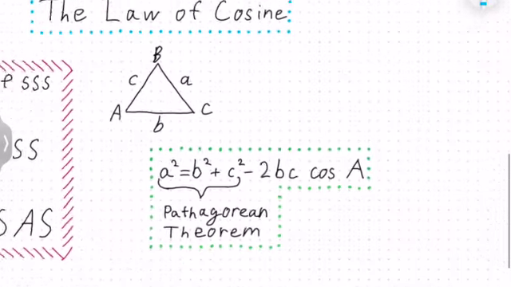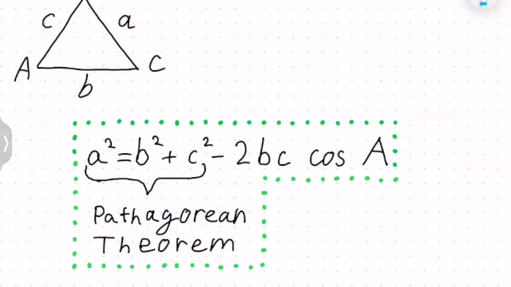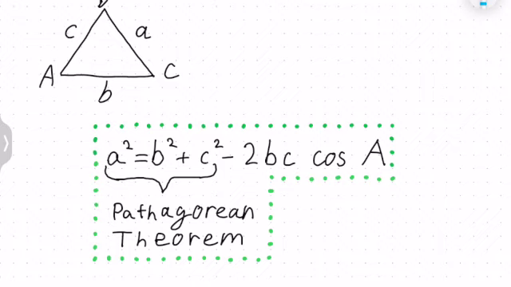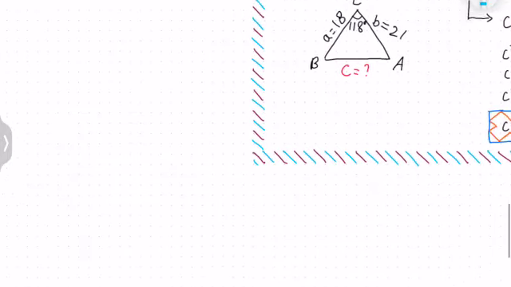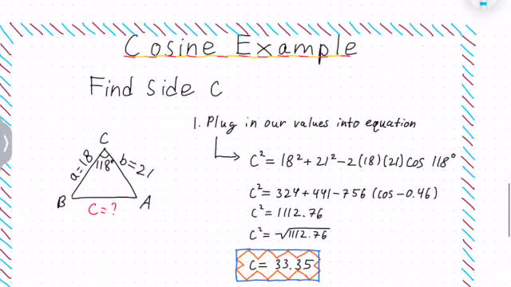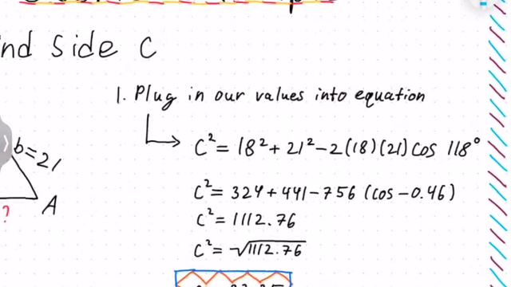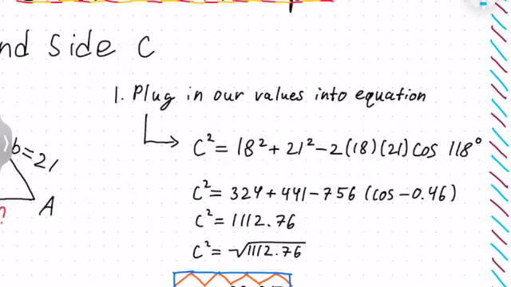We see a squared equals b squared plus c squared, remember Pythagorean theorem, minus 2bc cos A. So what do we do with this? Simple. Plug in all the values that we have right now into the equation and we solve. Plugging in the first batch, we get c squared equals 18 squared plus 21 squared minus 2 times 18 times 21 cos 118.